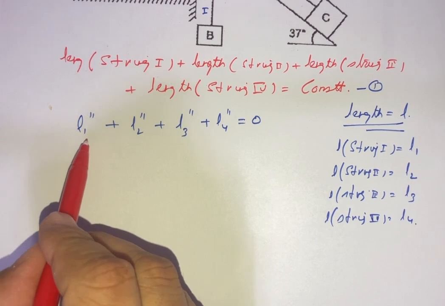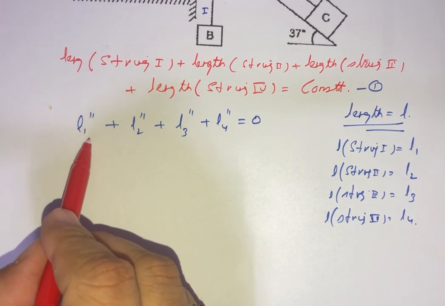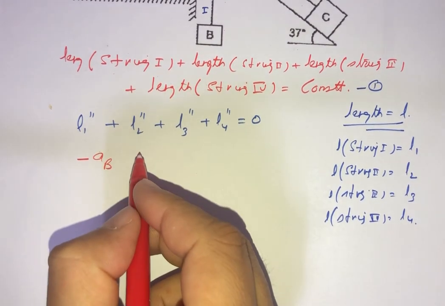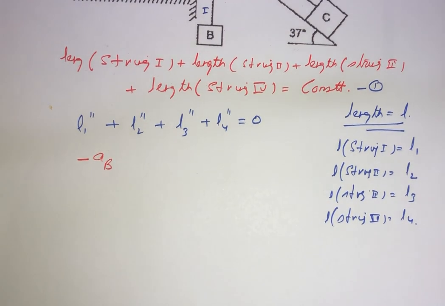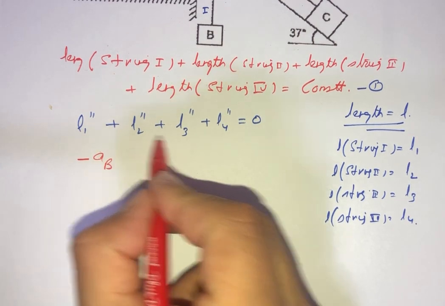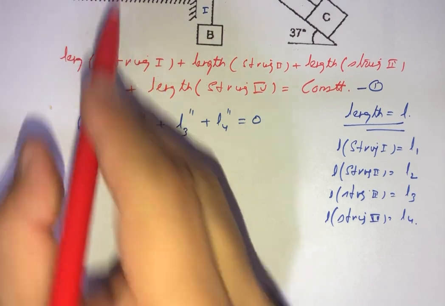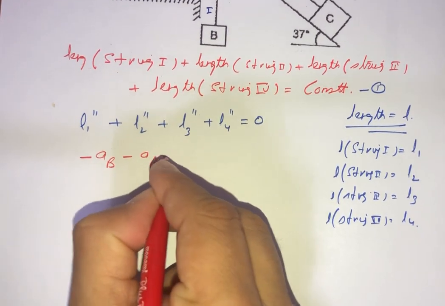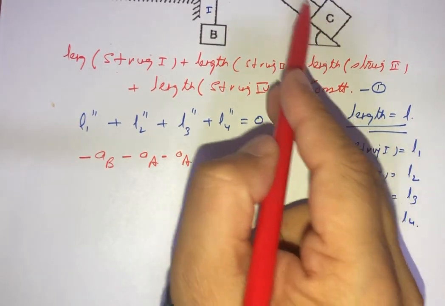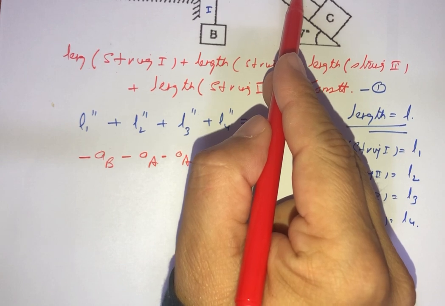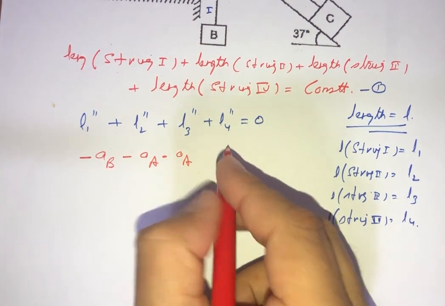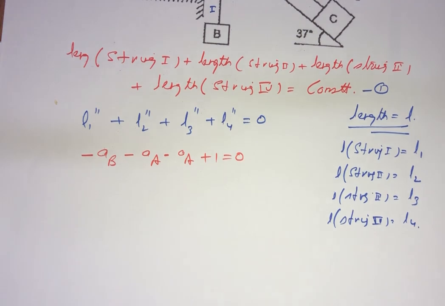If you put the respective values, we get minus of AB, and L2 double prime and L3 are with respect to block A, so this will be acceleration of A plus acceleration of A, and L4 double prime is the acceleration of string 4, which will be the same as the acceleration of block C. So this will be equal to plus 1 is equal to 0.